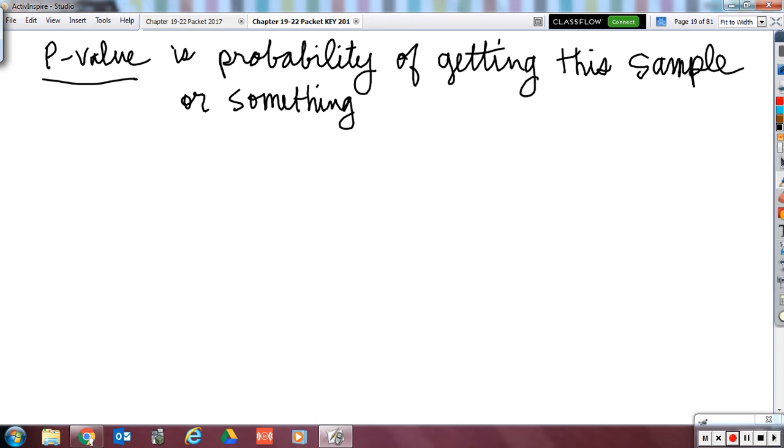So p-value is the probability of getting this sample or something more extreme if the null is true.